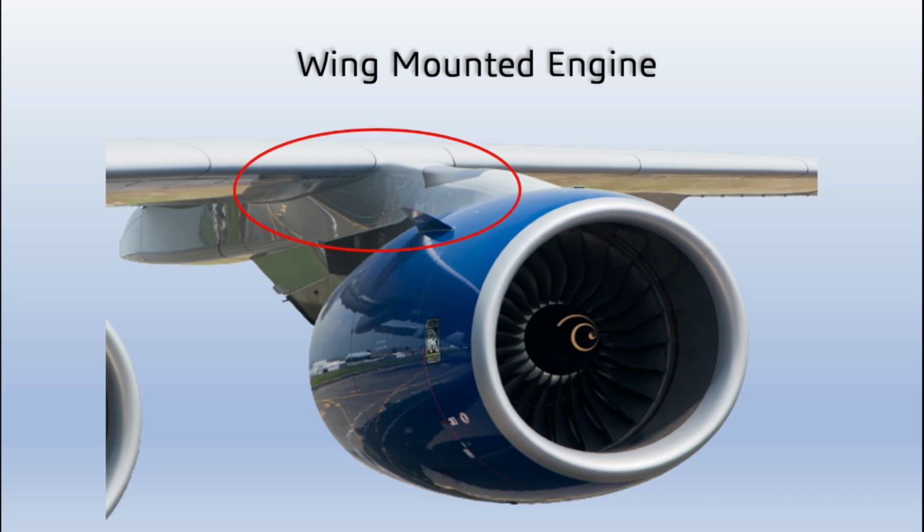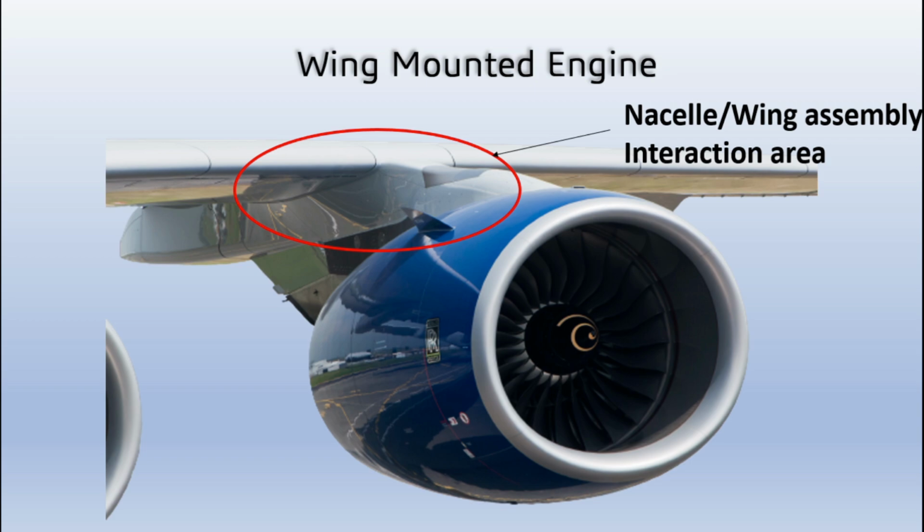One of these disadvantages is the engine nacelle wing assembly interaction, which disturbs the airflow over the wing and affects the lift production capability of the wing. Although this nacelle wing assembly is designed in such a way that in the cruise phase of flight, airflow around the nacelle causes little disturbance of airflow over the adjacent wing.